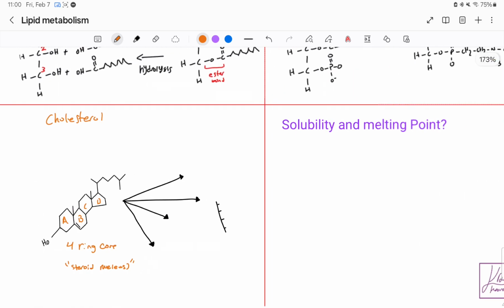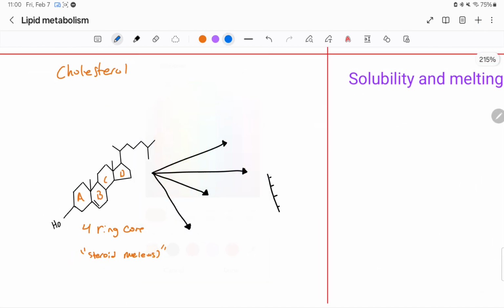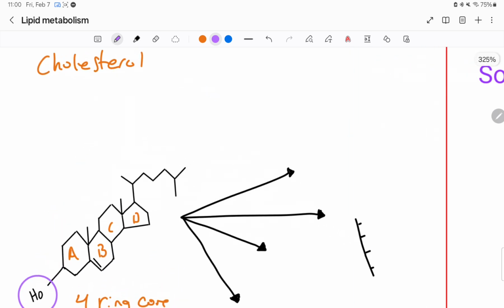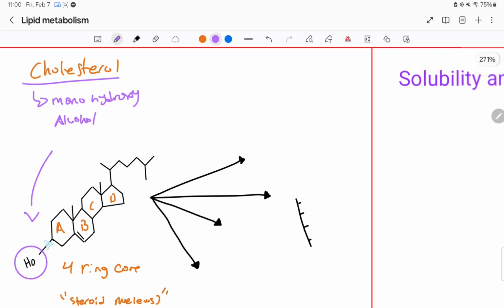Now, that's cholesterol. But something about cholesterol is very, very interesting. It has this hydroxyl group here, this hydroxyl group poking out here. And a lot of the times when you're reading the text, you might actually see cholesterol called a monohydroxy alcohol. And it would be because of the fact that it has this single hydroxyl group, hence monohydroxy.